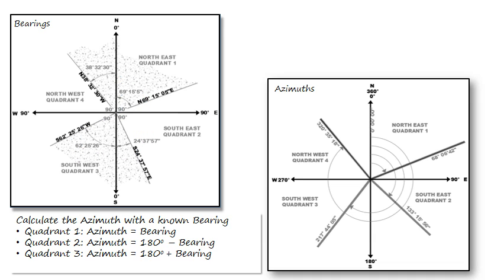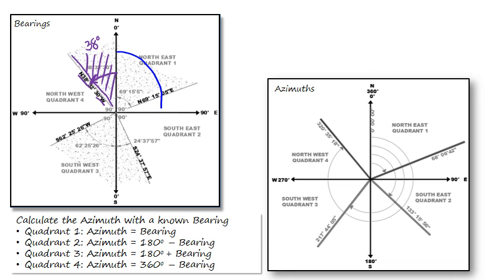Okay. The last quadrant we said is in the northwest, so we're coming off the north, moving west, and it's north 38 degrees west. So this angle in here is 38 degrees. Now, we want the azimuth that goes from here to here.